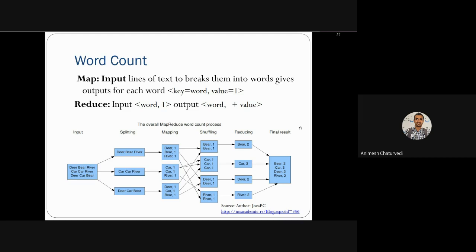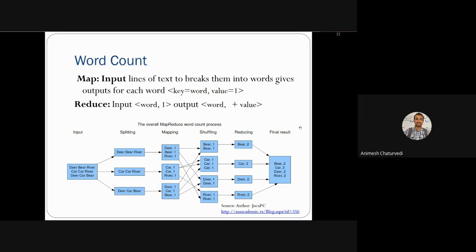Then you merge: beer from split 1 and split 3 is shuffled and merged at part 1. Thereafter, car is merged from splits 2 and 3.